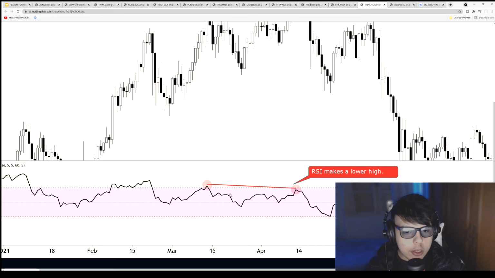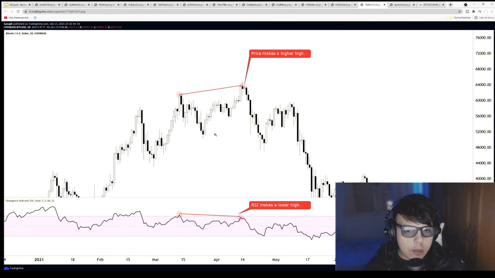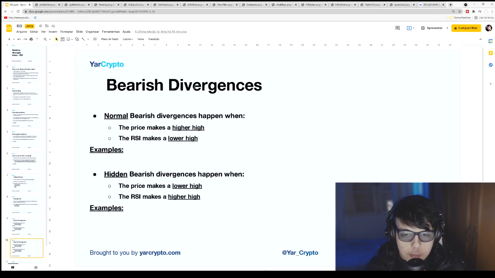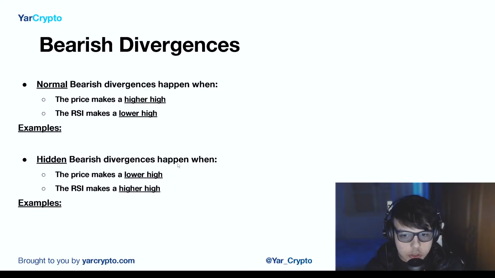And basically what it's showing is that while the price is moving up, the strength of the buying pressure is going down. So it's not enough for the price to keep on going up, and eventually we trade down after that.